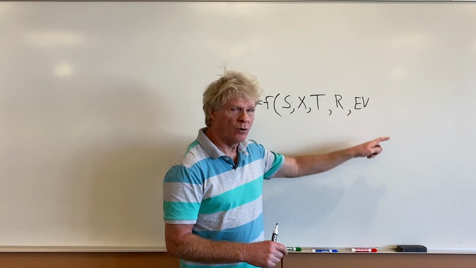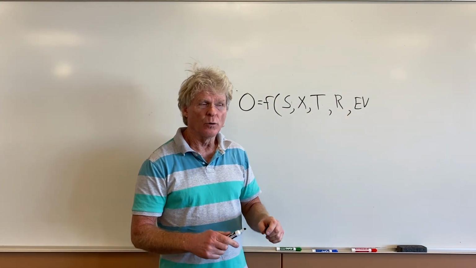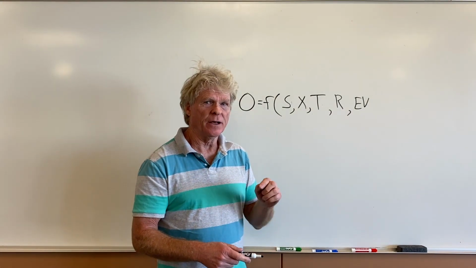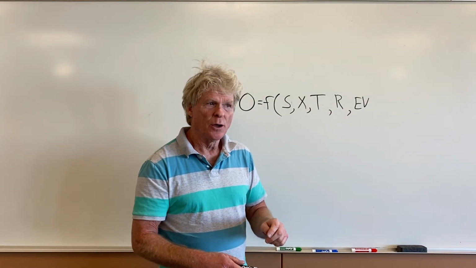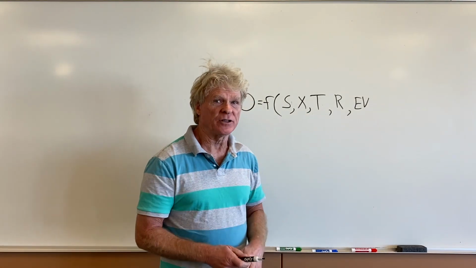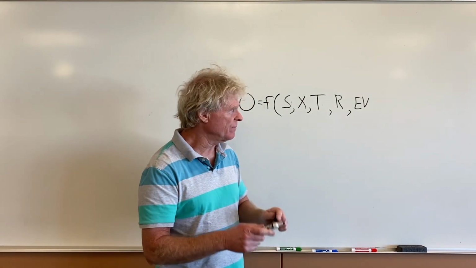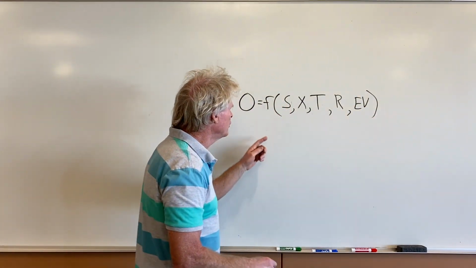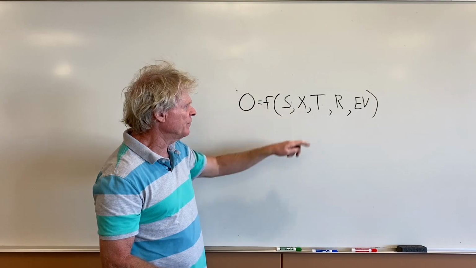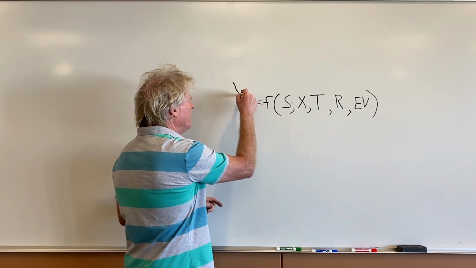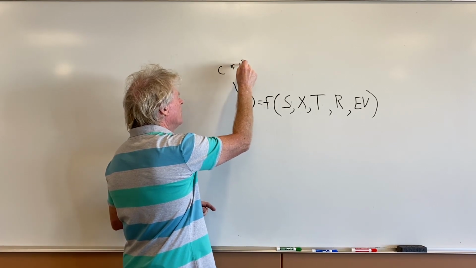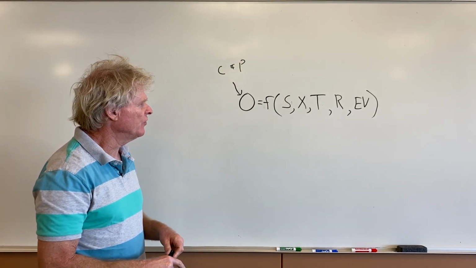So this expected volatility here is relating to the expectation for the variability in the underlying stock's price between now and the option expiration date. Okay, so it's very specific. And that's our little function indicating that this value depends upon those. And remember, the O means both call and put. Okay, value depends upon those things.